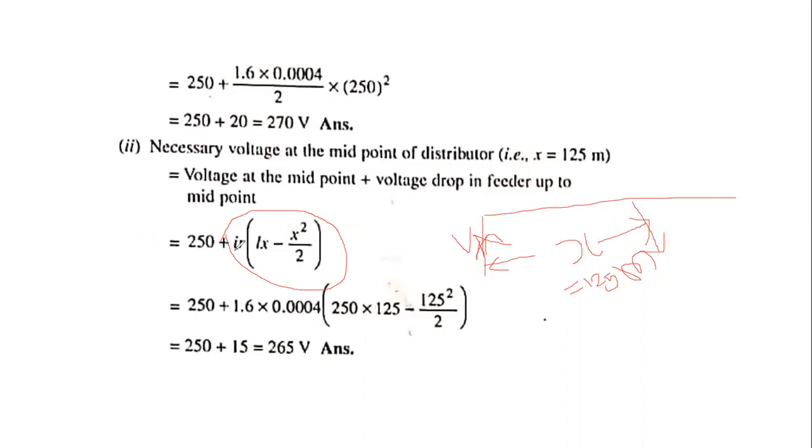Here I is the current loading, R is the resistance, L is the total length of the distributor, and x is the distance from the feeding point. Substituting all these values in this formula, we obtain the second bit: the necessary voltage at the midpoint of the distributor is 265 volts.